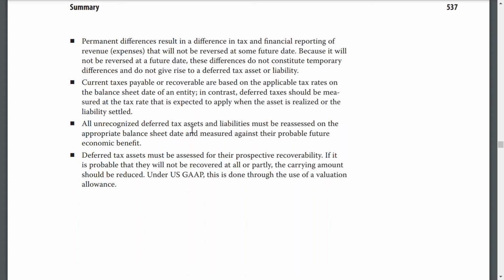Unrecognized deferred tax assets and liabilities must be reassessed on the appropriate balance sheet date and measured against the probable future economic benefit. Deferred tax assets must be assessed for prospective recoverability. If it is probable that they will not be recovered at all or partly, the carrying amount should be reduced under US GAAP. This is done through the valuation allowance.